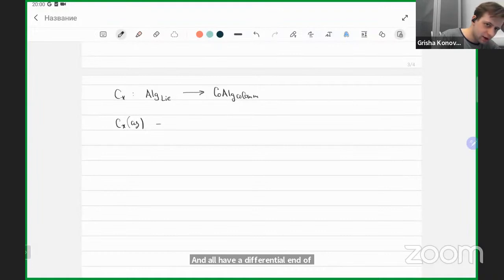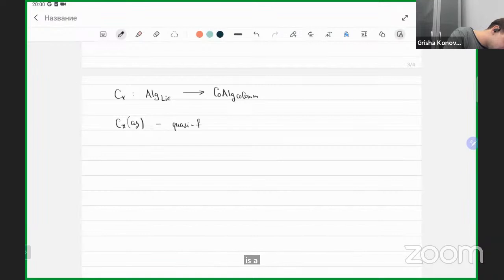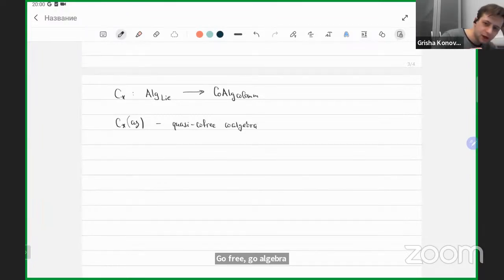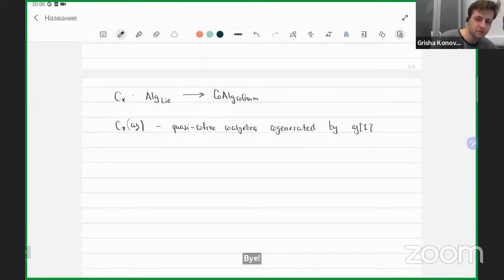And the definition is that C star of g is a quasi-cofree, I should have said cofree, coalgebra cogenerated by g shifted to the left by 1.